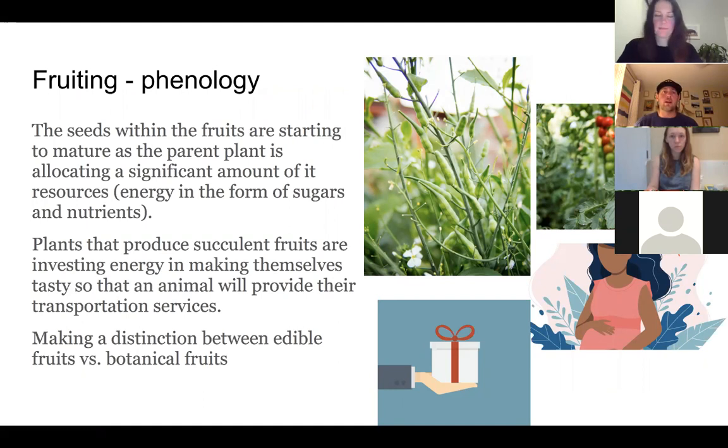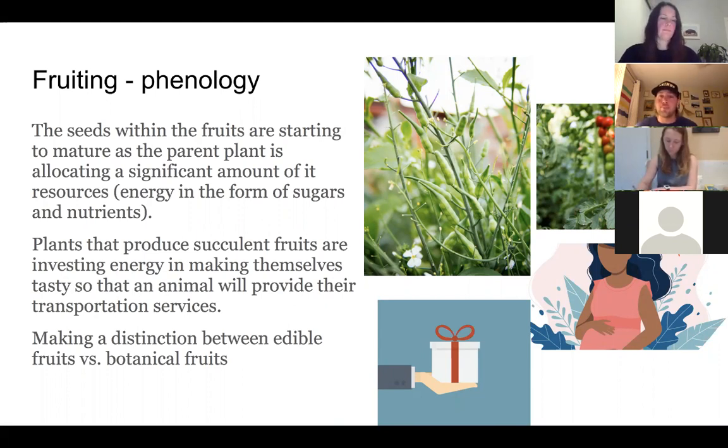When the seeds within the fruits start to mature, the parent plant is again allocating a lot of its energy and sugars. If it's a succulent fruit, it's going to allocate a lot of energy into first maturing the seed and then maturing the sweetness of the fruit, so it can encourage an animal to come and pick it and provide transportation services.